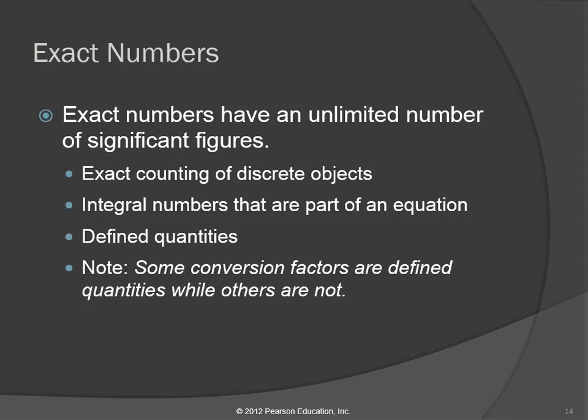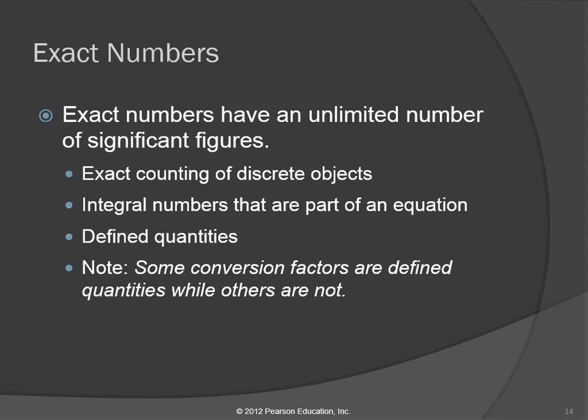How many fingers am I holding up? 4. Is there any uncertainty in that? 1, 2, 3, 4. There's exactly 4. It's not a measurement made with a ruler or a balance. We counted them. And so if we say 4 fingers or 12 pencils or 9 pennies, then that's an exact number.